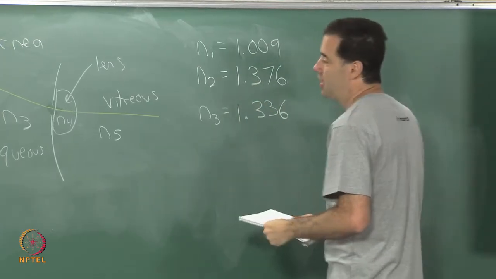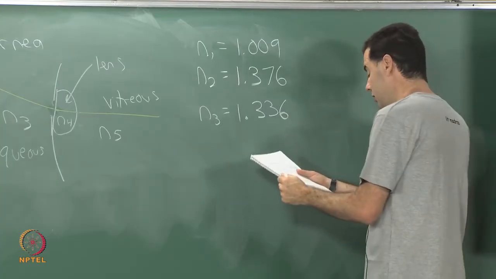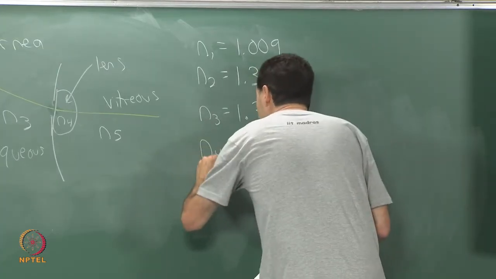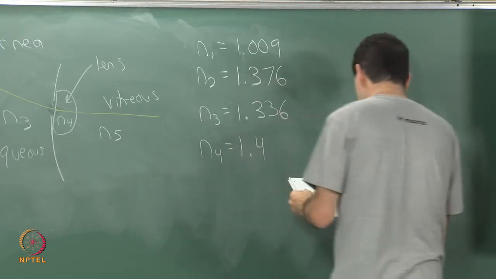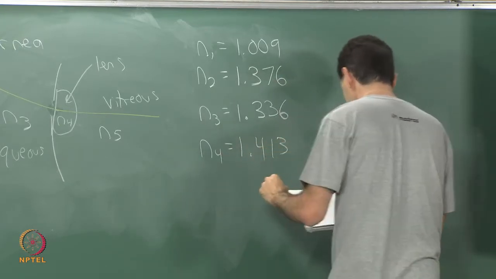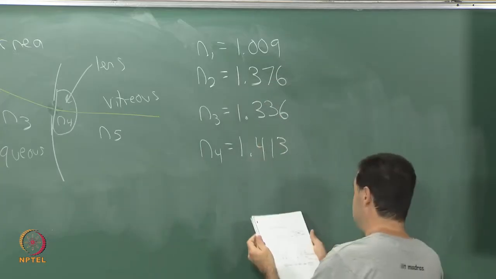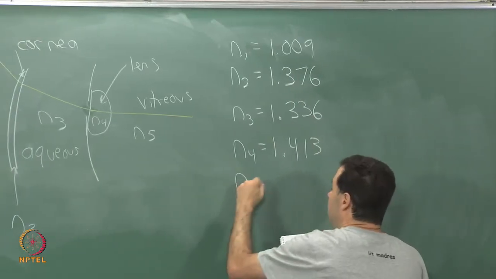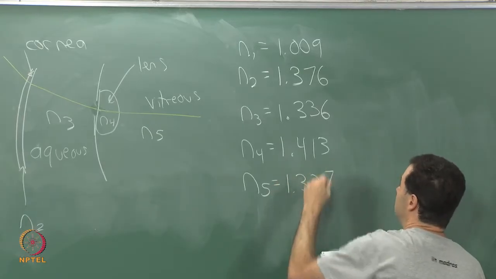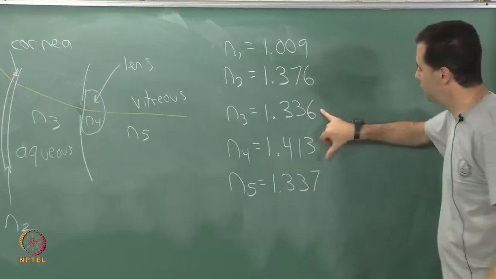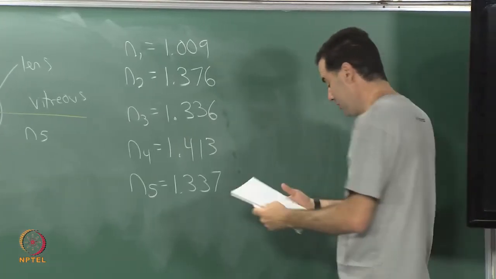So there's not too much of a change going from the cornea to the aqueous. N4, the lens, is 1.4, so a little more significant change there. And then vitreous is similar to the aqueous, so N5 is 1.337. Okay, who knows what the precision is here? That's essentially the same, I think.